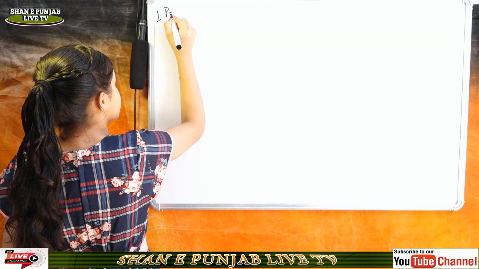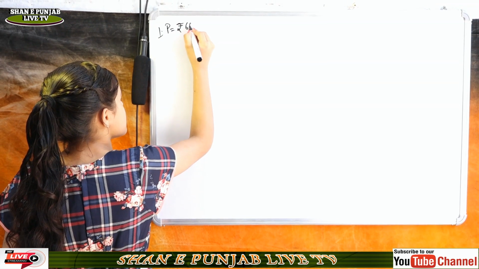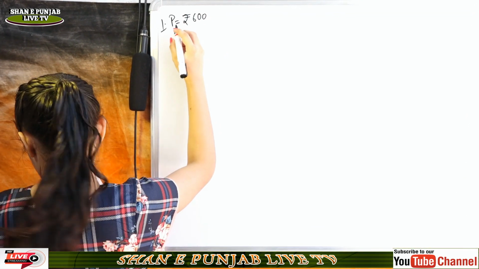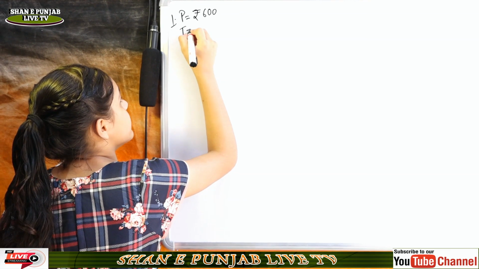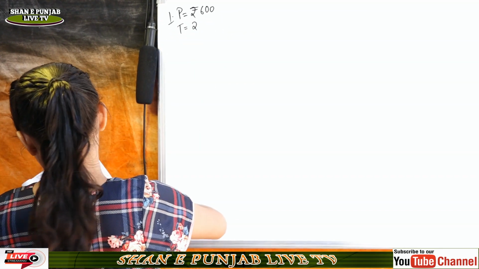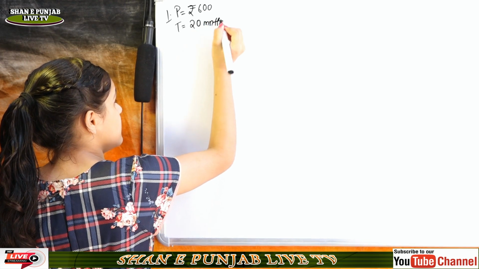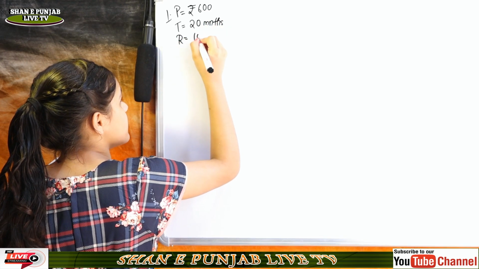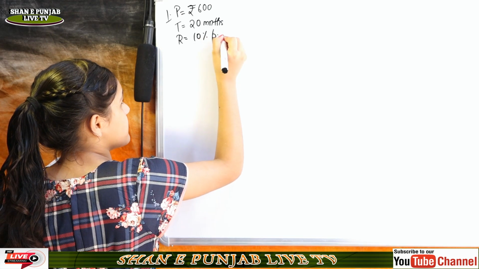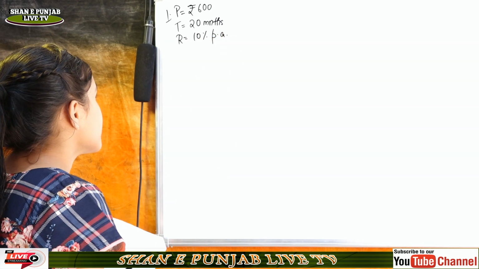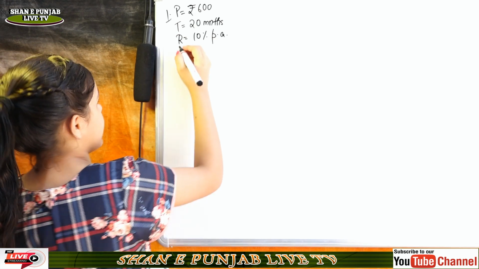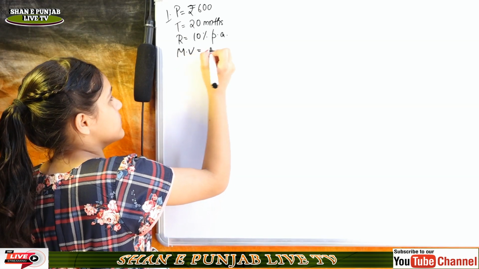First, principal is given as rupees 600, time as 20 months, and rate as 10% per annum. They asked us to find maturity value.